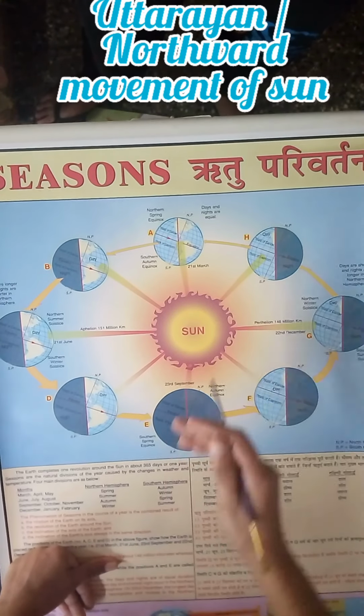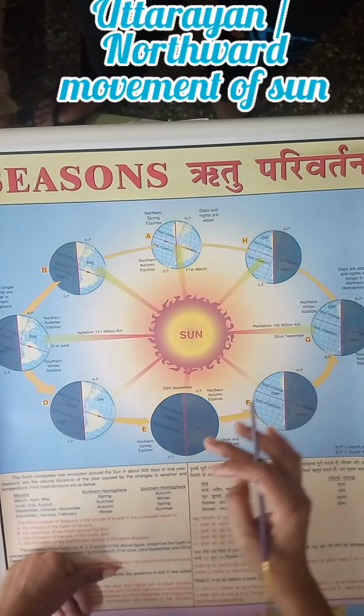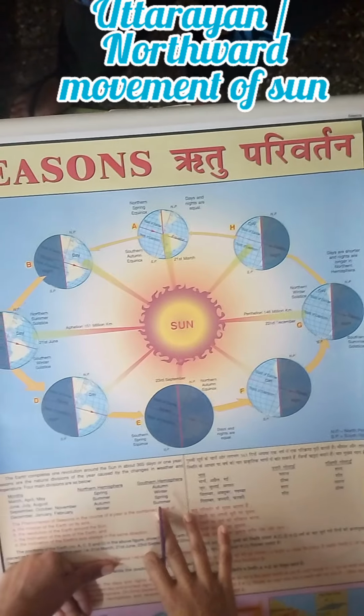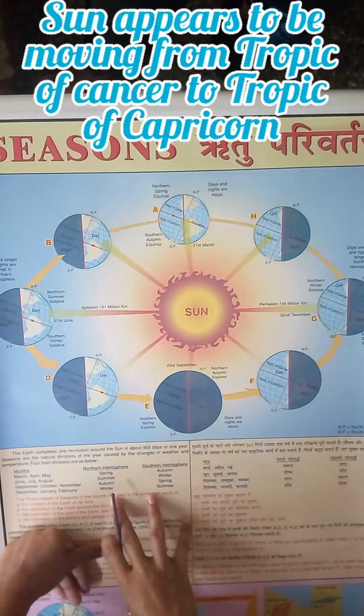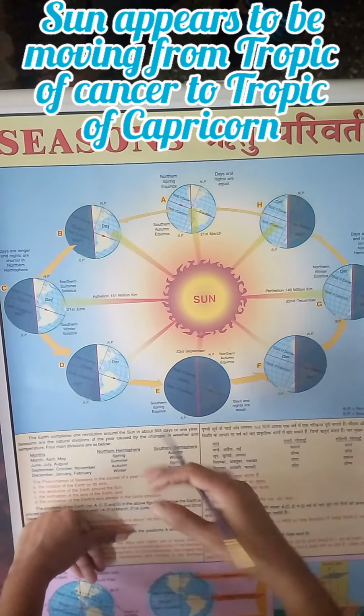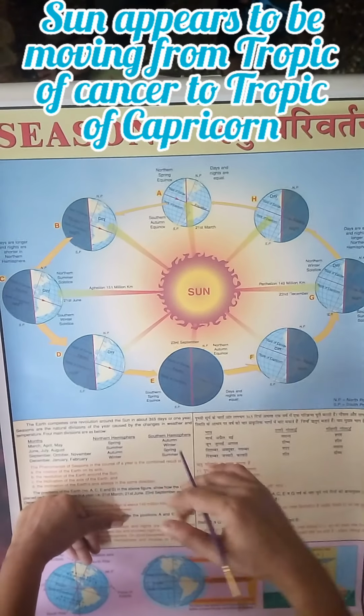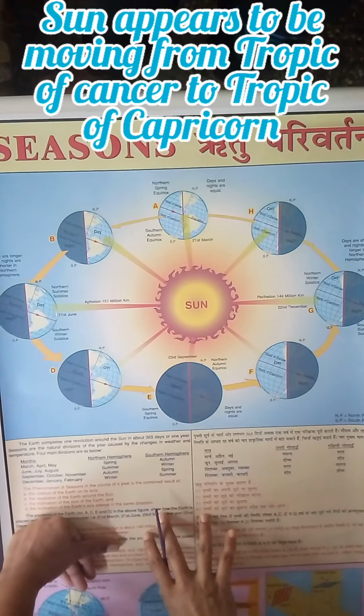Apparent migration means if you are observing the sun every day, you may feel in the summer season the sun is rising a little north of our place and setting a little north of our area. And in the winter season, the sun rises from the south. That means the sun is moving towards the north or moving towards the south.